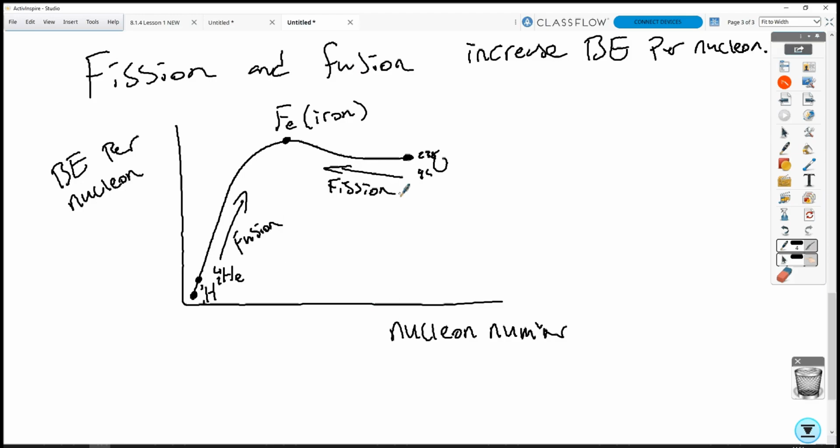So when we reach iron, we've become stable, because iron has the largest binding energy per nucleon. Doing fusion or fission does not release energy. Rather, we have to put energy into it to make it happen, and we get nothing in return. And that is the end of 8.1.6.